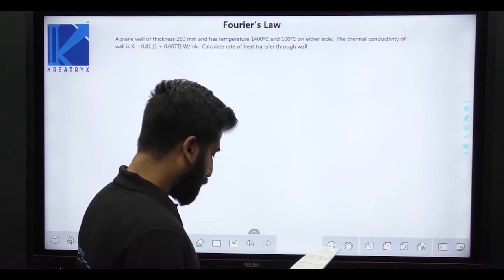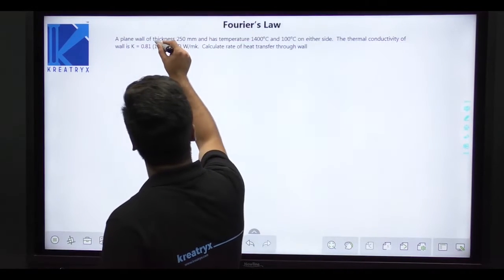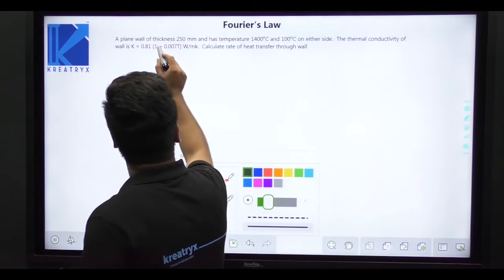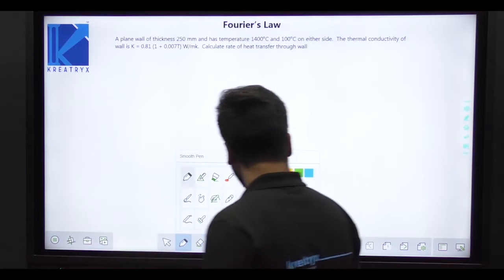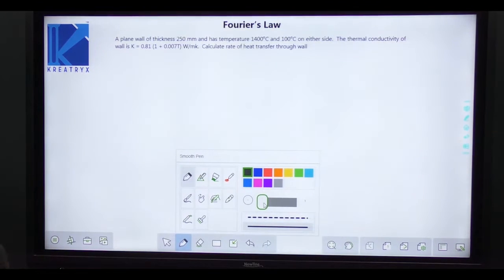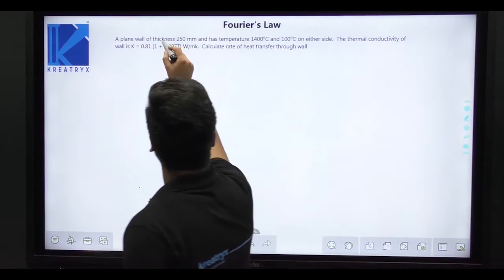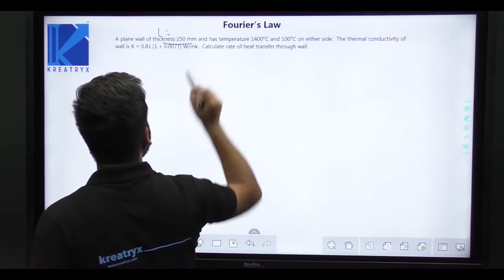The question is a plain wall of thickness 250 mm. So this is L, 250 mm.